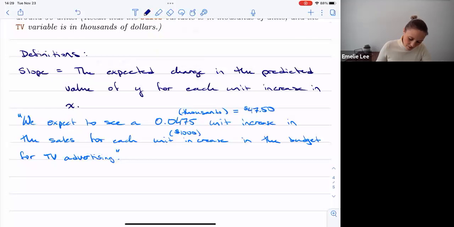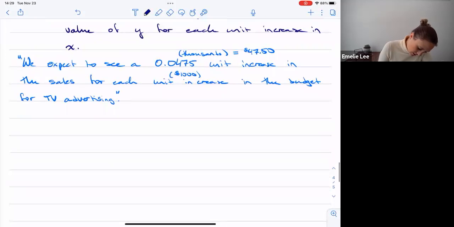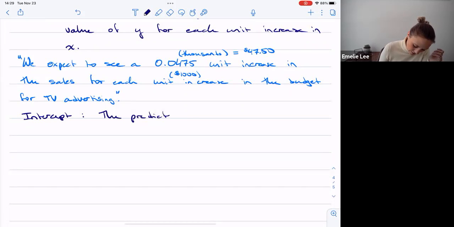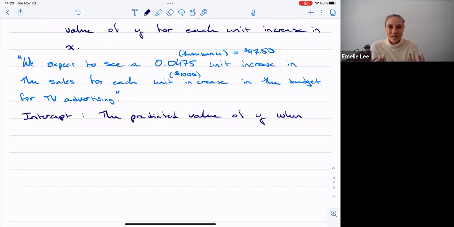Whereas the intercept, and it's implied that we're talking about the Y-intercept. The intercept is the predicted value of Y when X is 0.